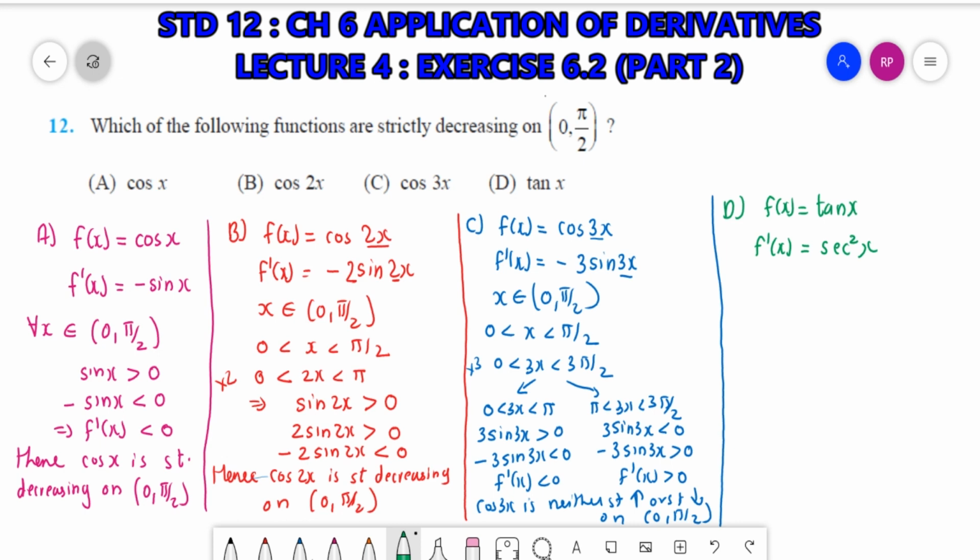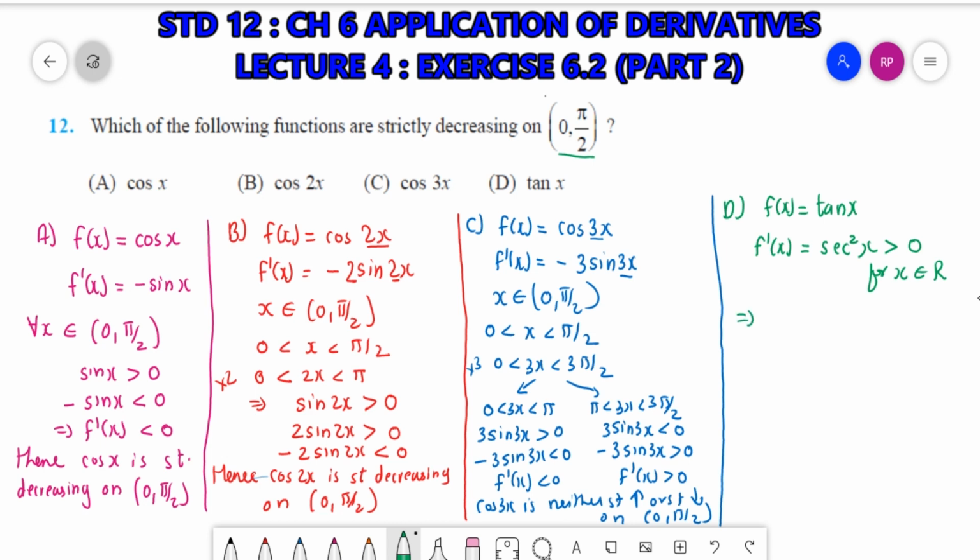As it is a square, this will always be greater than 0 for x belonging to R. But here only the 0 to pi by 2 interval is given, right? So definitely if for x belonging to R this is greater than 0, then for 0 to pi by 2 it will be greater than 0.